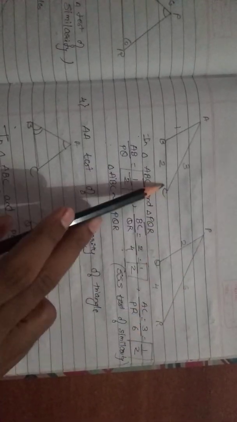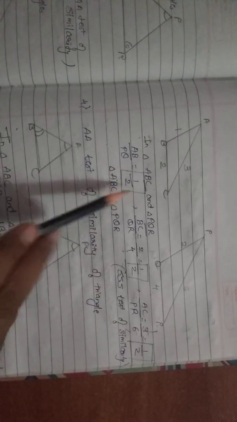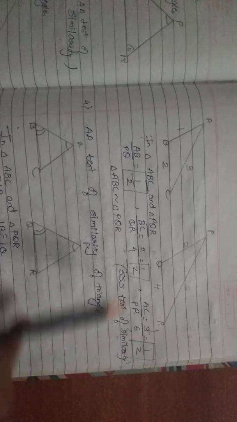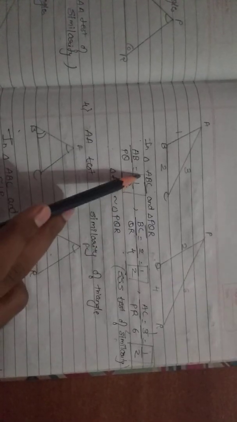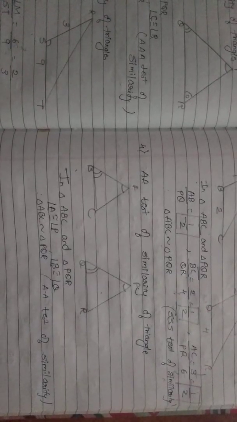And the third sides AC upon PR is 3 by 6, which is 1 by 2. So you can see 1 upon 2, 1 upon 2, 1 upon 2 are the same. So triangle ABC is similar to triangle PQR by the SSS test of similarity.